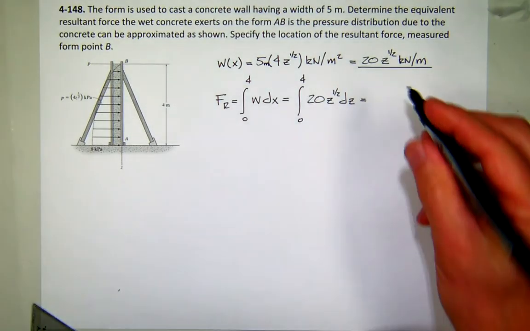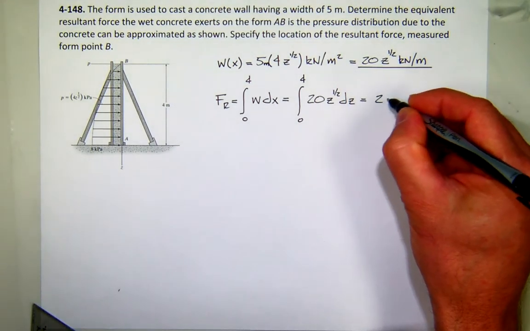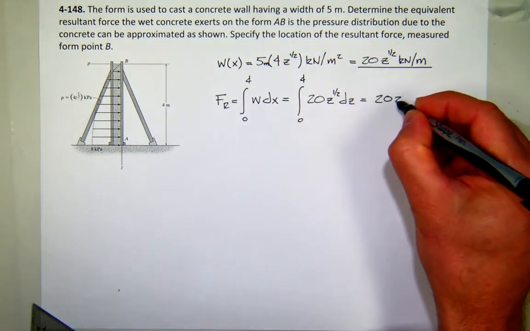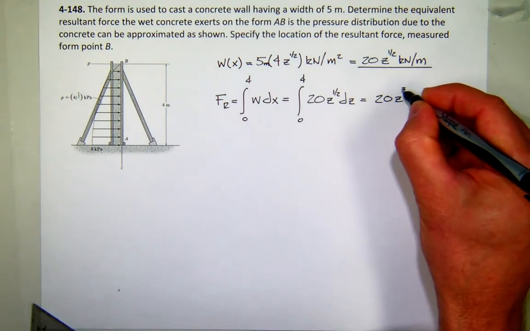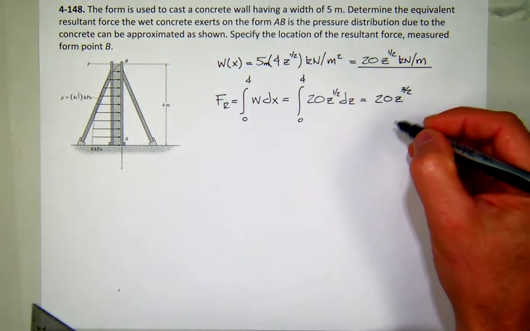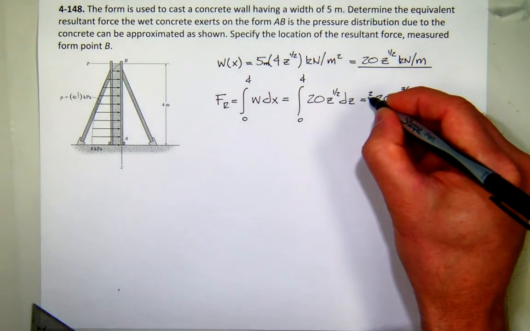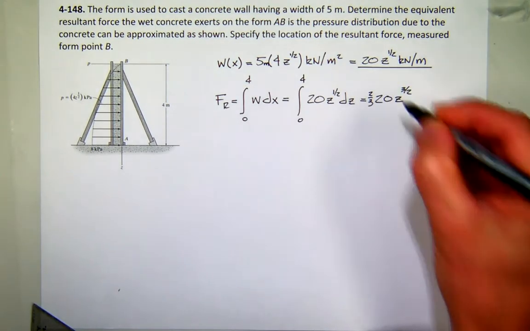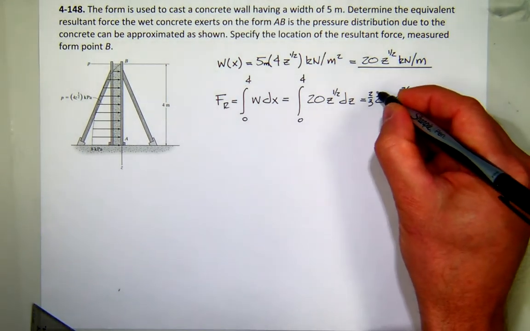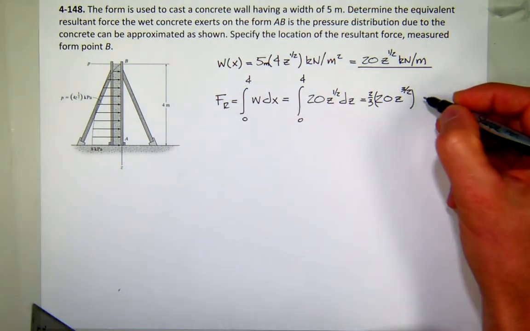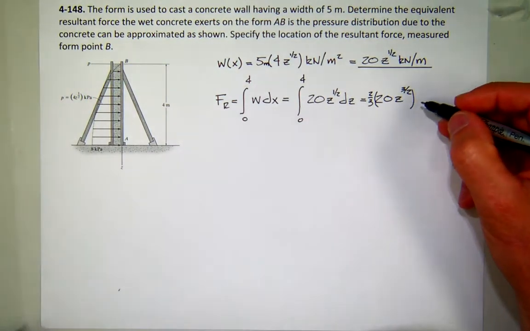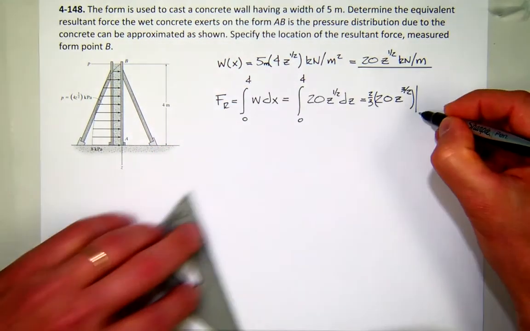So if you remember your integral calculus, you'll get 20 times z to the 3/2 divided by 3/2, which is the same as multiplying by 2/3. Is that right? And then you evaluate that from 0 to 4.